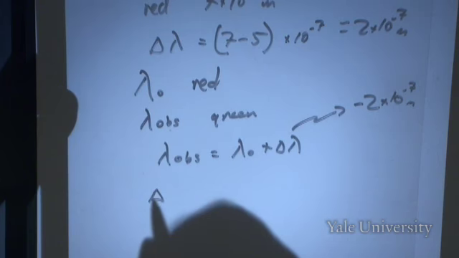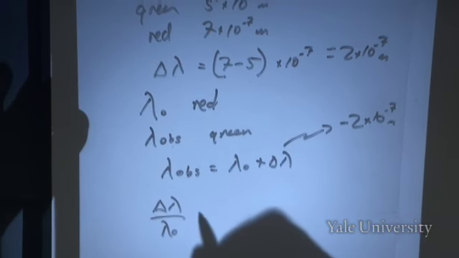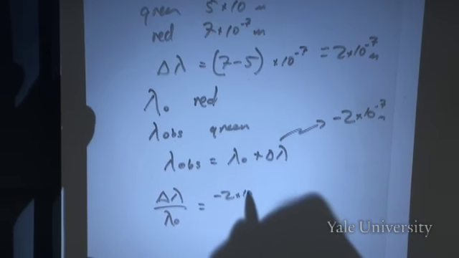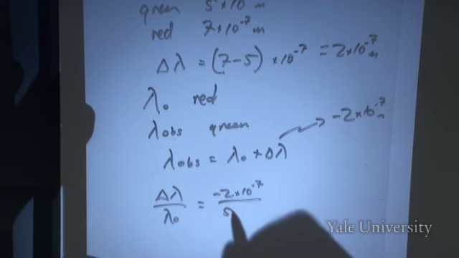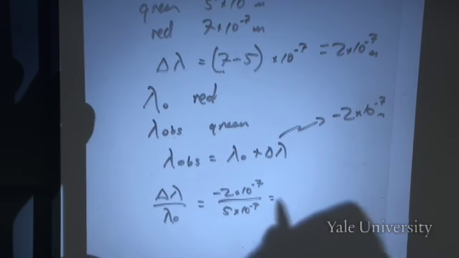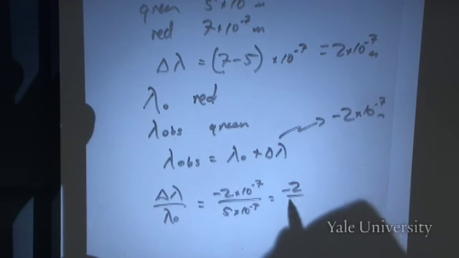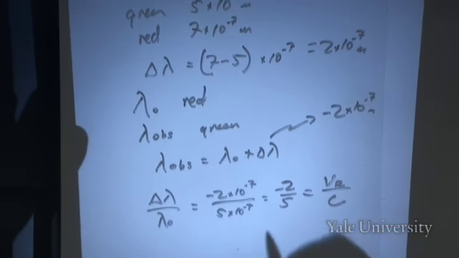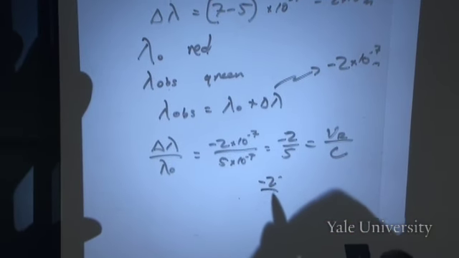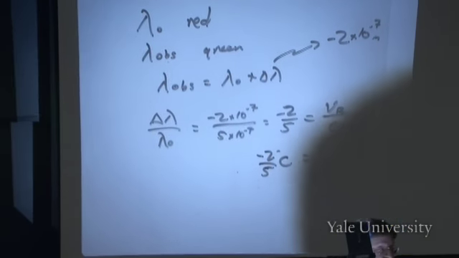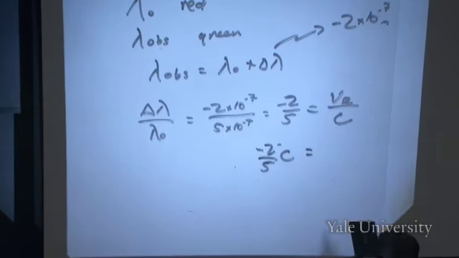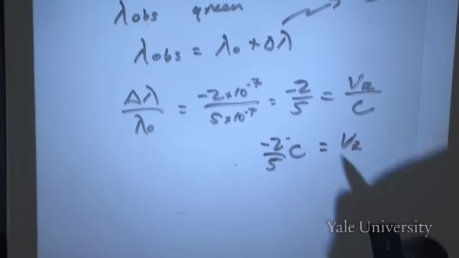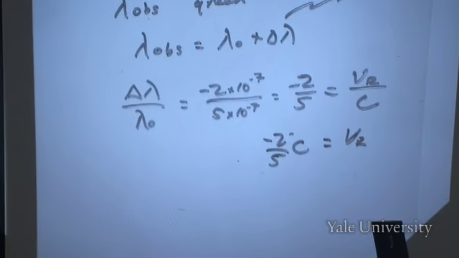And so delta lambda over lambda 0, that's minus 2 times 10 to the minus 7 over 5 times 10 to the minus 7. So that's minus 2/5 is equal to the radial velocity over the speed of light. So if you're going at minus 2/5 the speed of light, then the red light looks green. Now the minus just means you have to be moving toward that light.